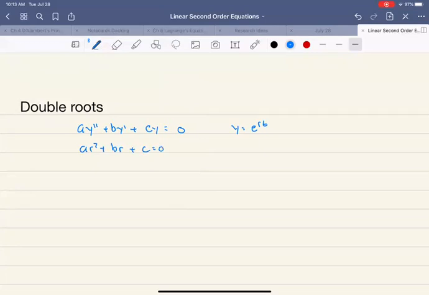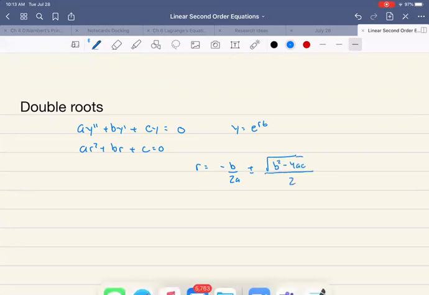Okay, and we solve that, of course, by solving the quadratic equation. r equals negative b over 2a plus or minus square root of b squared minus 4ac over 2a.